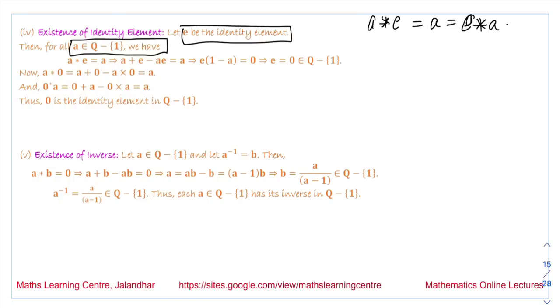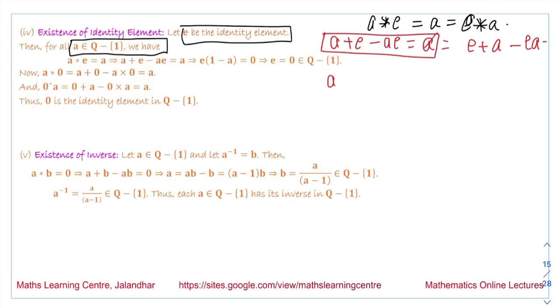When we apply the definition of the operation over here, we obtain a plus e minus ae should be equal to a, that is equal to e plus a minus ea. If we solve this part, this a and a get cancelled, so we are left with e into (1 minus a) is equal to 0.